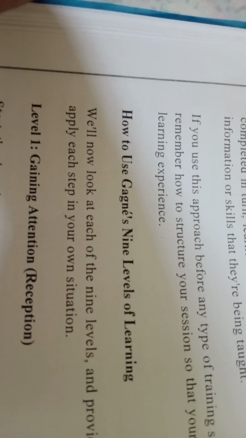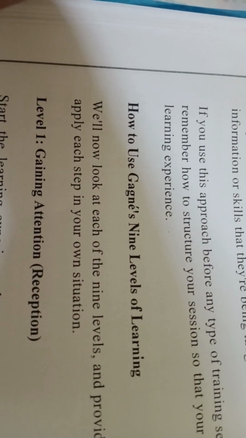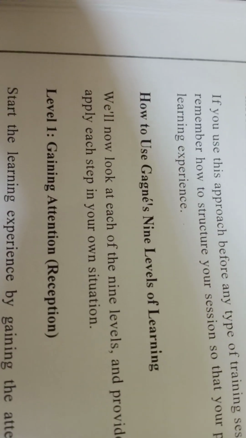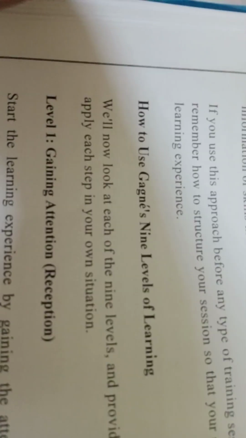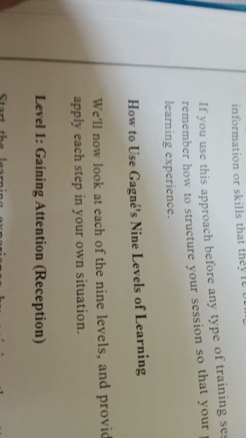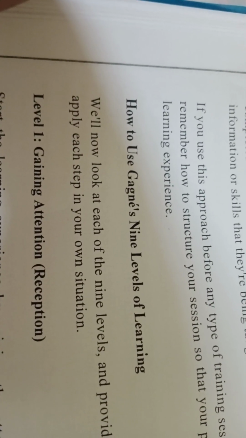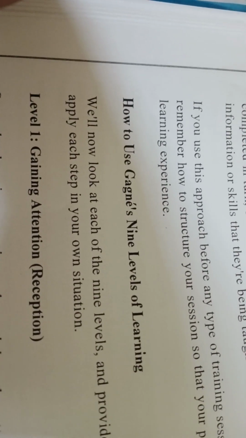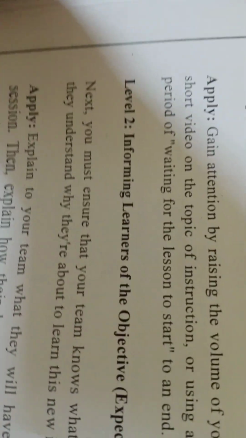Level 2, informing learners of the objective, or expectancy. Next, you must ensure that your team knows that they need to learn and that they understand why they are about to learn this new information. Apply: explain to your team what they will have learned by the end of the session. Then explain how their learning is going to benefit them and the organization.